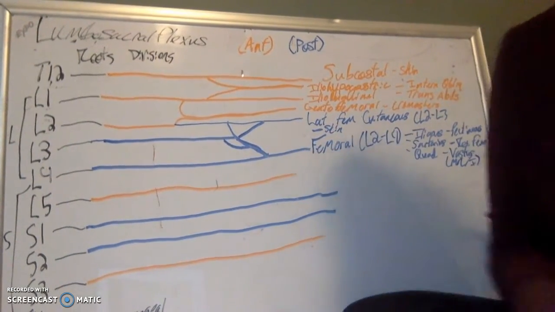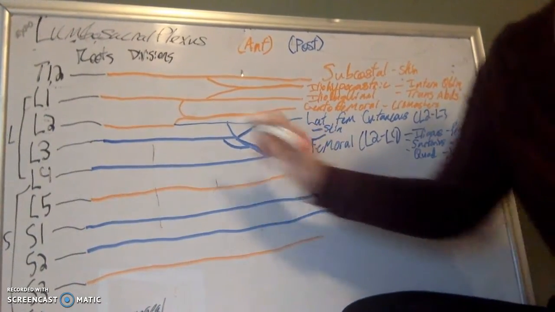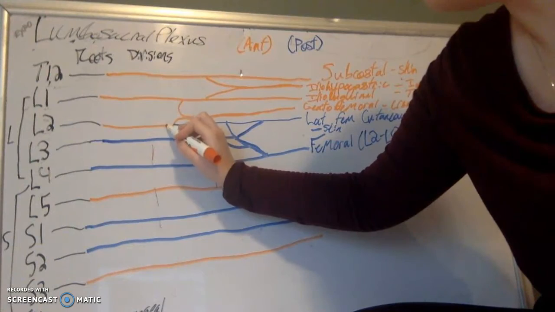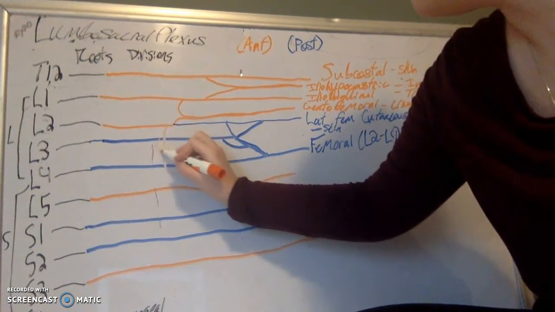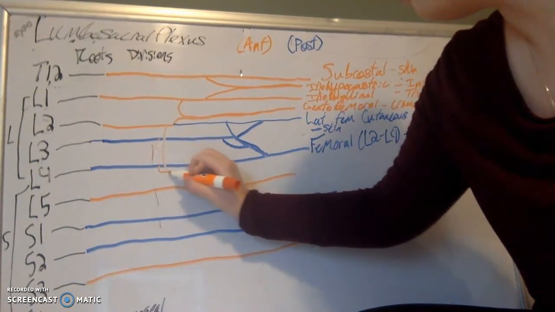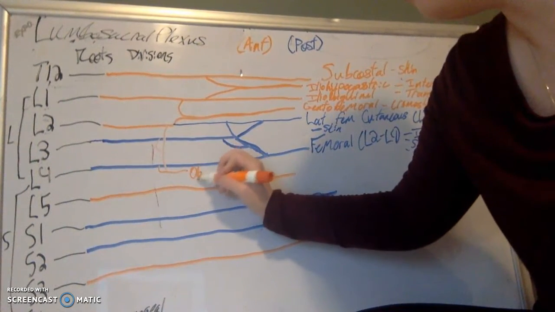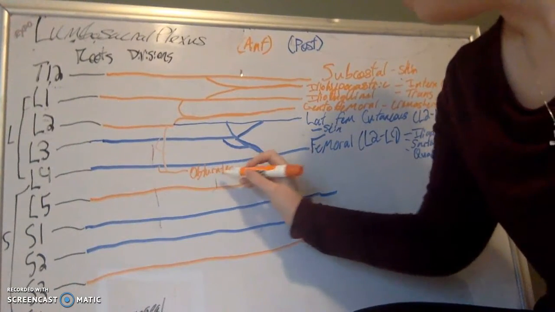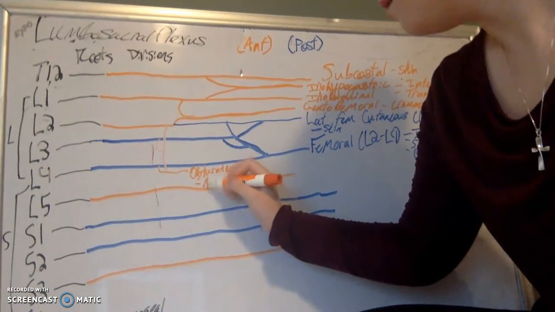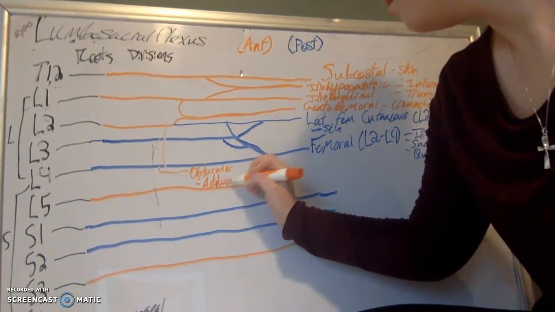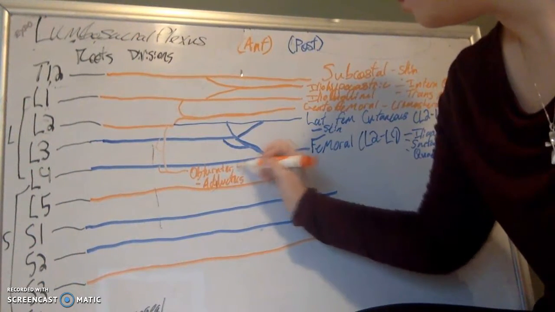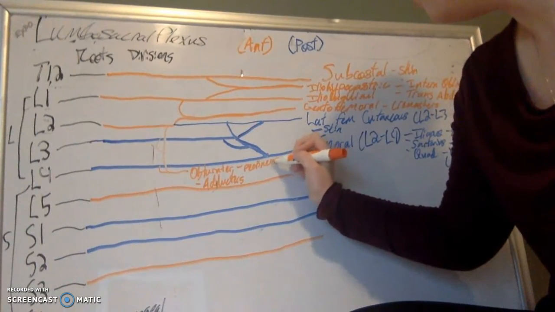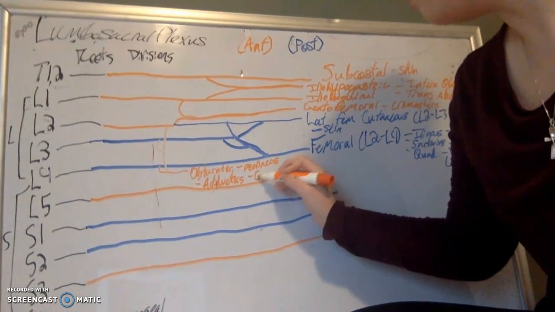And then after that, coming off of L2, L3, and L4, we're going to have the obturator, which will innervate the adductors, the pectineus, and the gracilis.